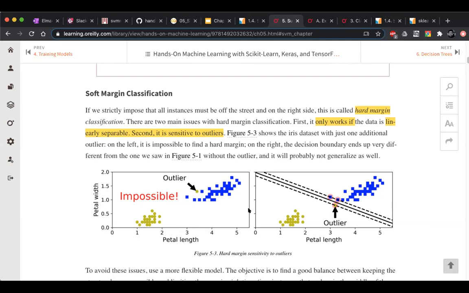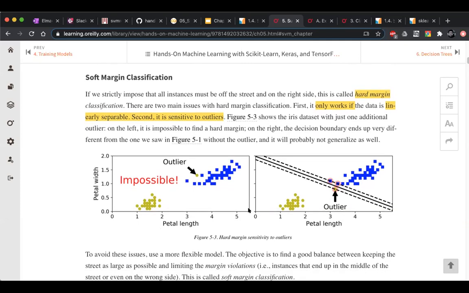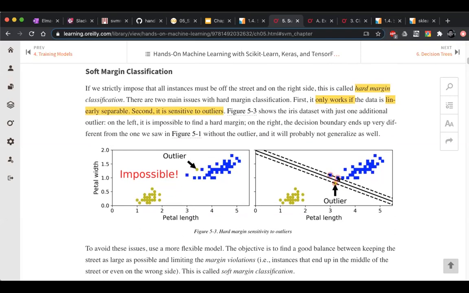That's basically saying how much we are trying to let this model put some of these instances, let's say some of our instances, violate our street.